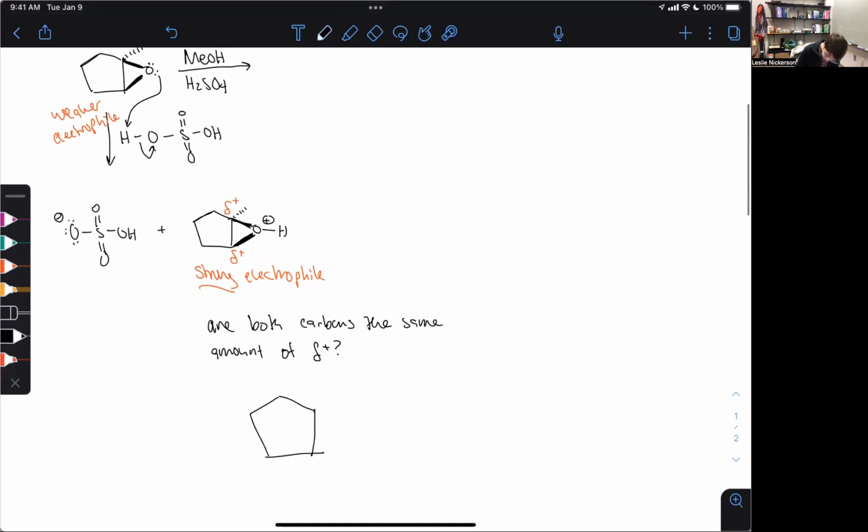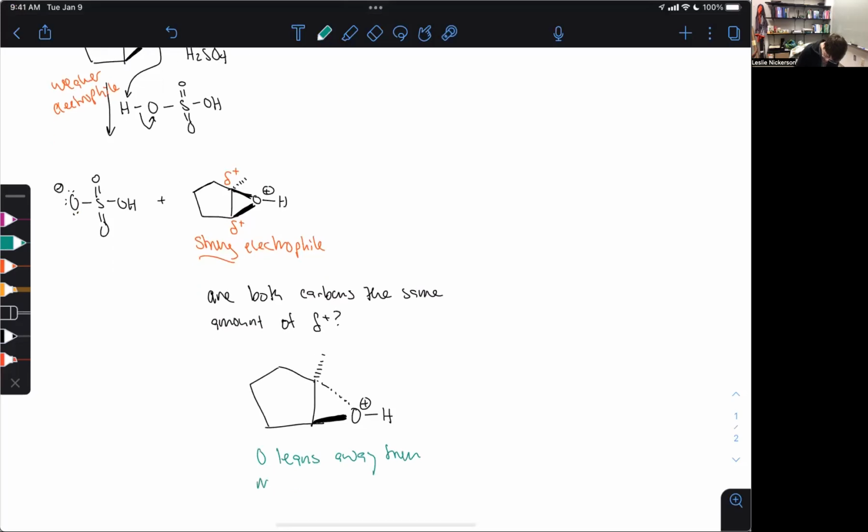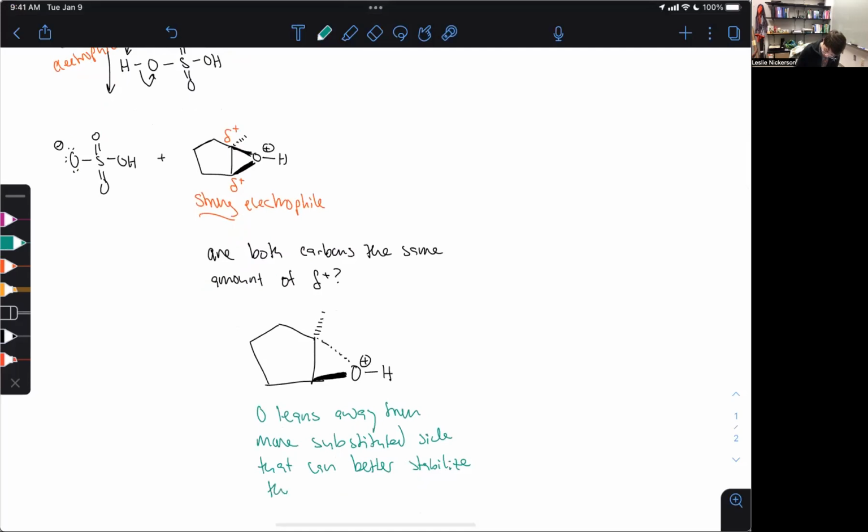The way that it's going to pull is it's going to lean away from the carbon that can handle that positive charge the best, so it's going to lean away from that more substituted side that can better stabilize the delta plus.